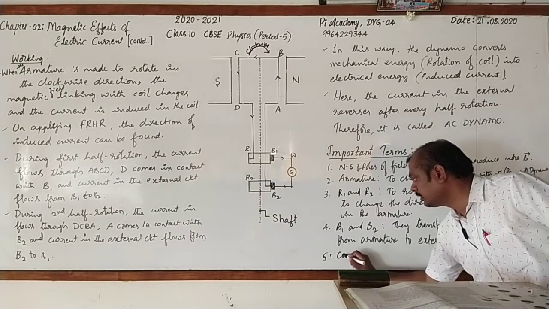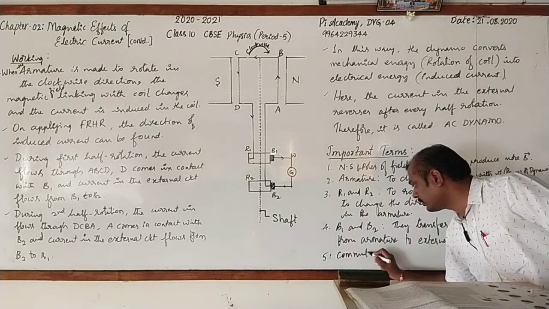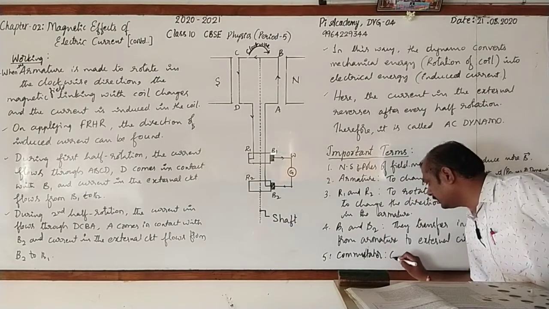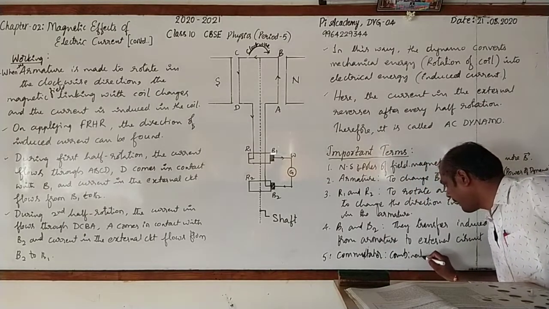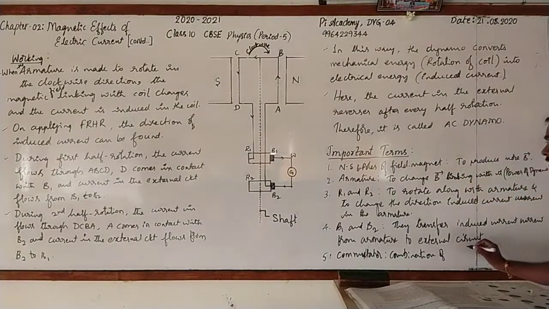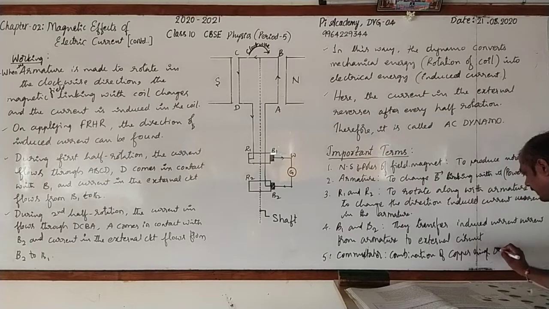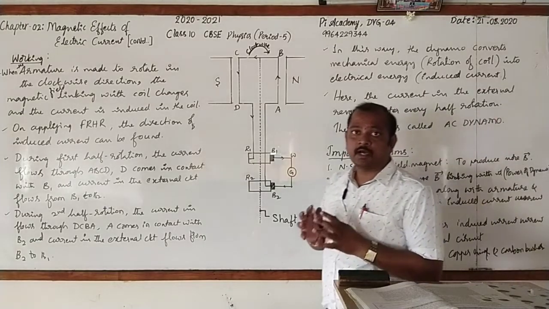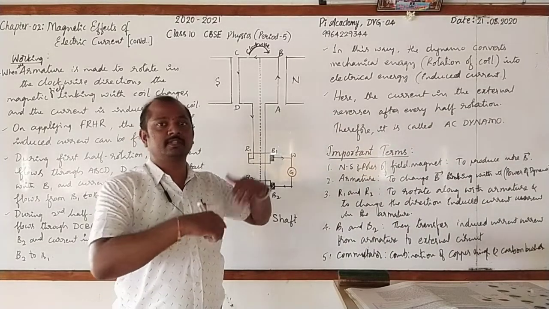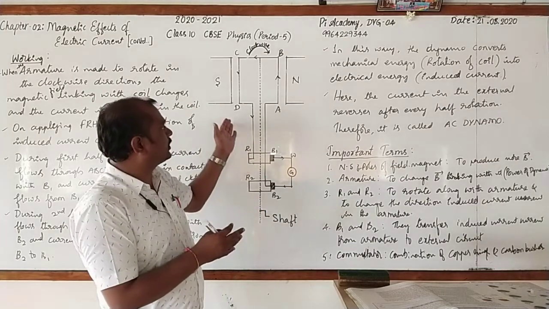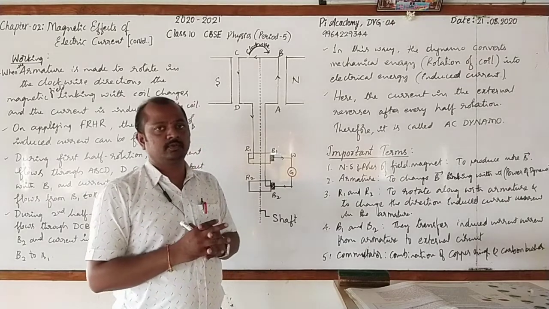Here I'll write commutator, C-O-M-M-U-T-A-T-O-R, a combination of rings, that is copper rings, and carbon brushes. So this commutator will help in reversing the direction of current in the coil and also in transferring the induced current from the coil to the external circuit.